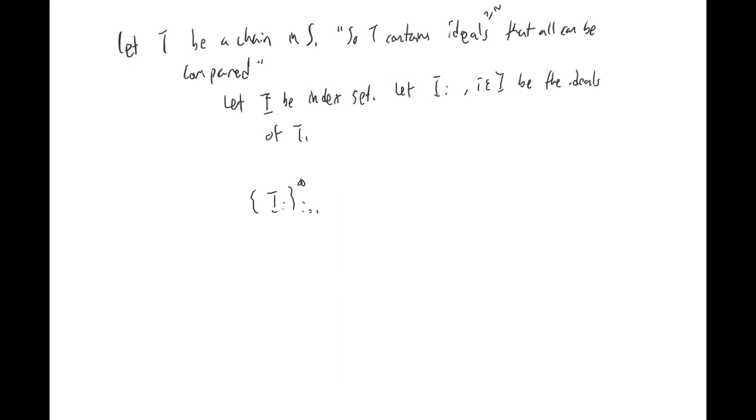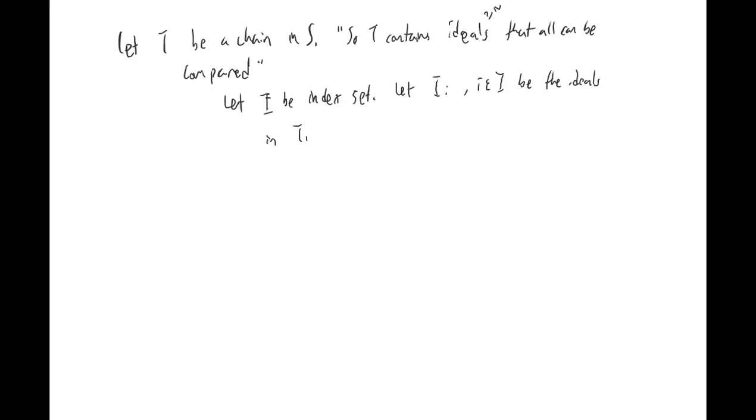So we just let i denote an index, and write i in I. So these are ideals of T. Not in T, sorry, not of T. T is not a ring, it's a chain.